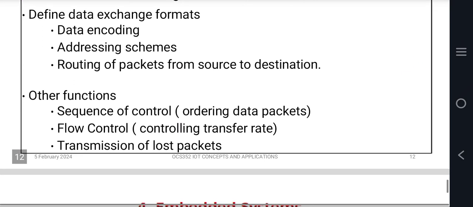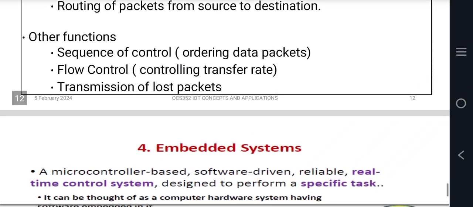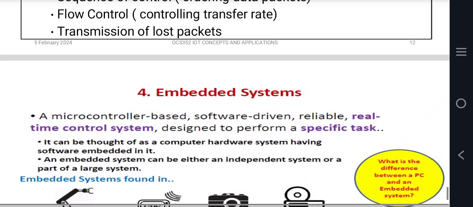It supports some other functions also. In order to order the data packets, sequence control is used. To control the transfer rate, flow control is used. To retransmit lost packets, retransmission of lost packets is used.